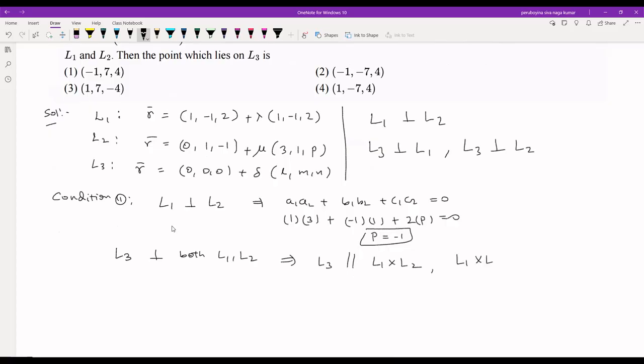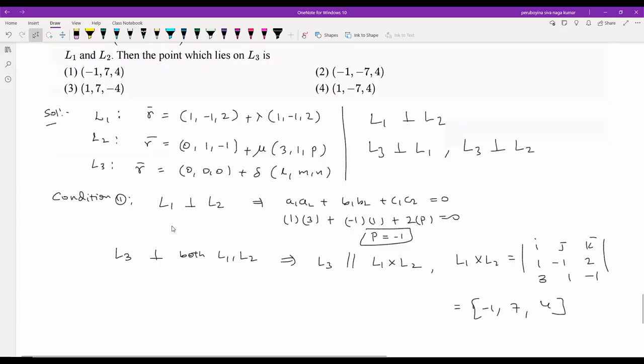So L1 cross L2 we will do: I, J, K. For L1 use the DRs 1, minus 1, 2. And 3, 1, and P, which we just got as minus 1. Let's calculate L1 cross L2. I'm writing in point format: 1 minus 2, minus 1, and 7, and next one is 4.